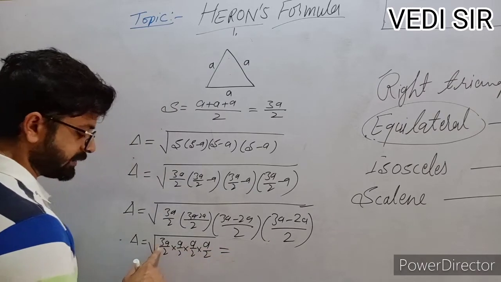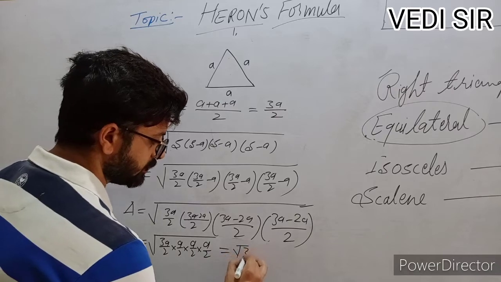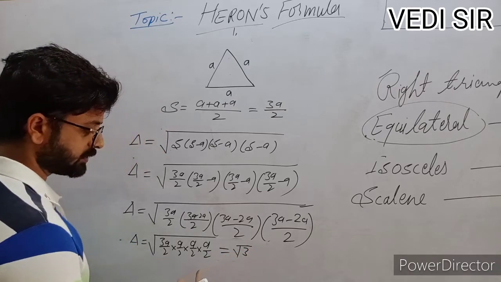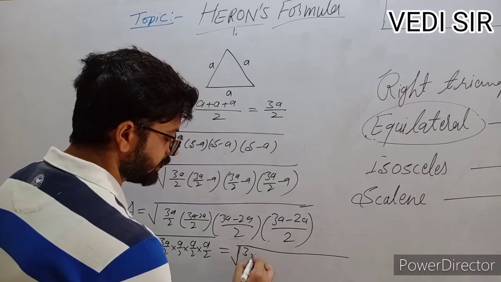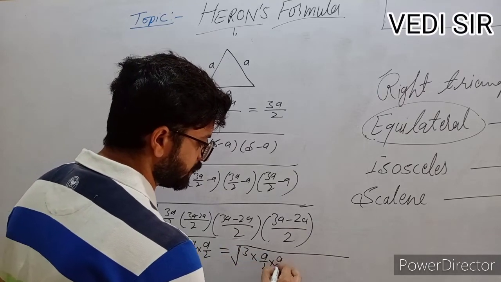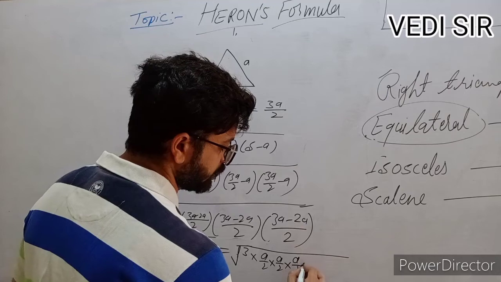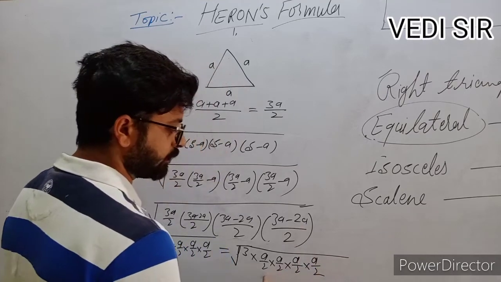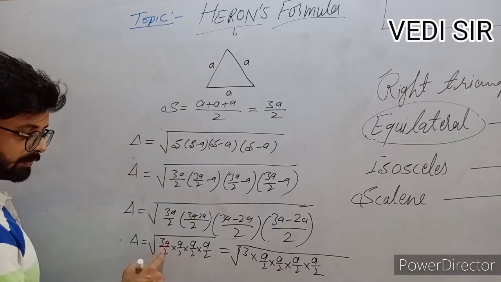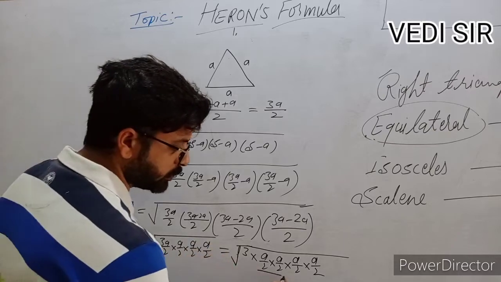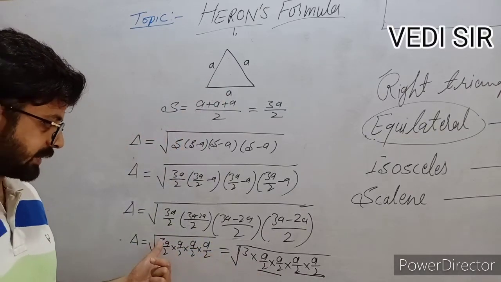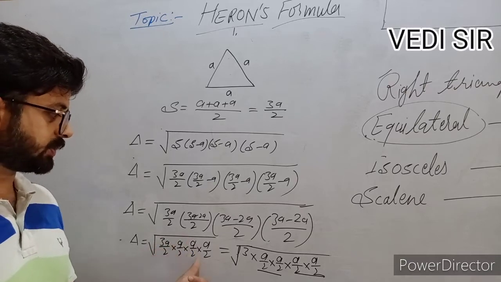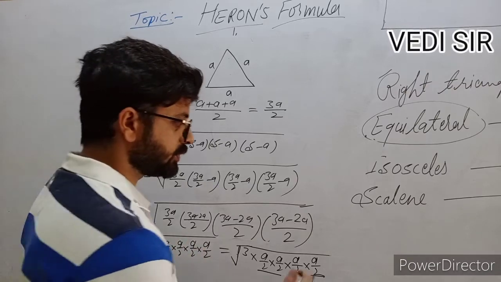Now other than this, I am writing root 3 separately, inside the square root, and A by 2 into A by 2 into A by 2. Where did the fourth A by 2 come from? It is in this A by 2, A by 2, A by 2. Now two pairs we can make because it's a square root. We can write 3 separate and A by 2 into A by 2 into A by 2.